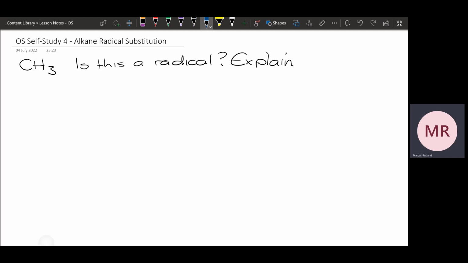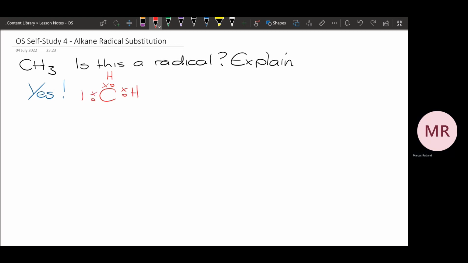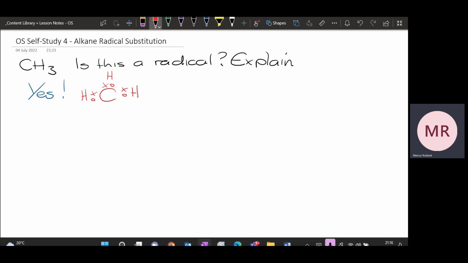So the correct answer here is yes. And there's no better explanation than drawing a dot cross diagram, so don't try and put it in words. If you do a dot cross diagram for CH3, you've got 3 single bonds to hydrogens. Then you have to spot that carbon is in group 14 of the periodic table, 4 electrons in the outer shell.